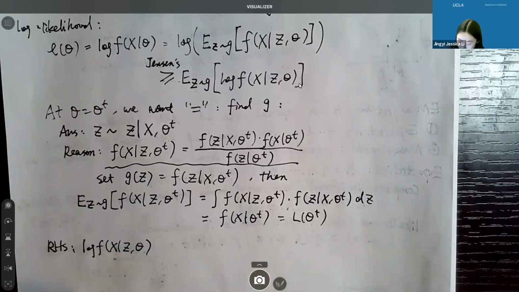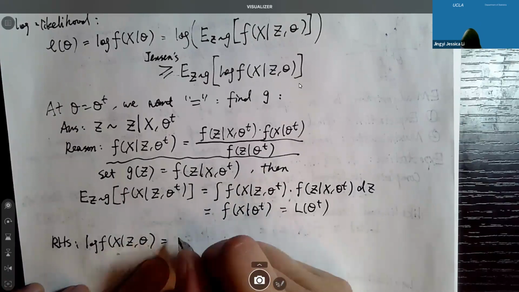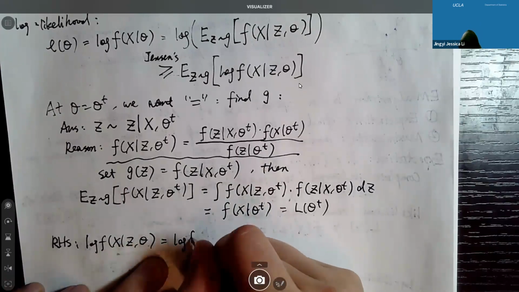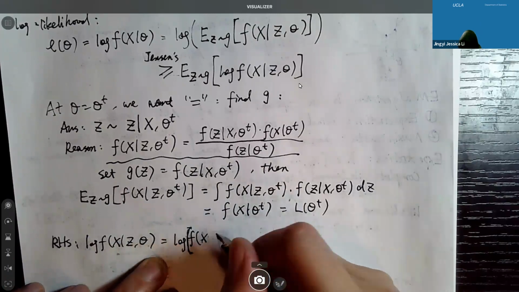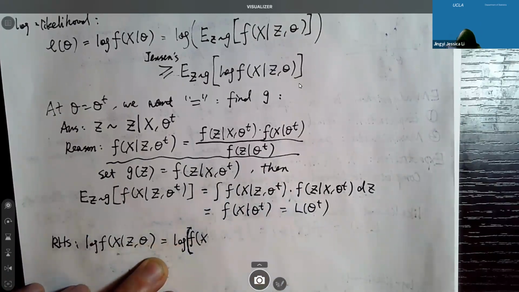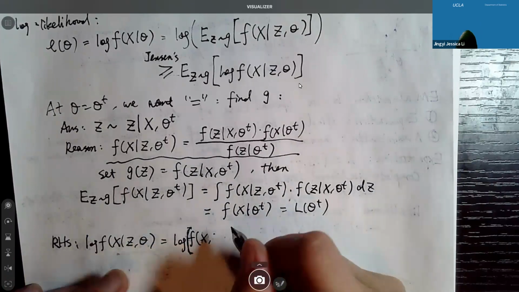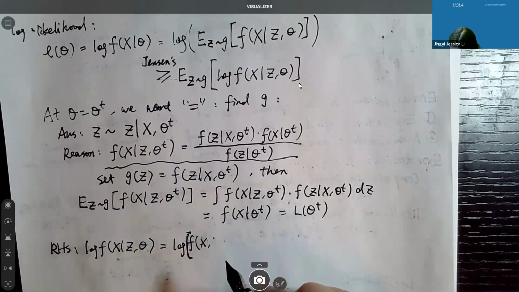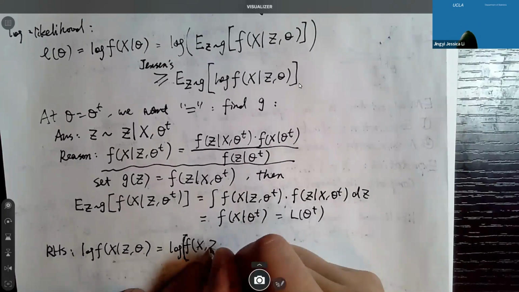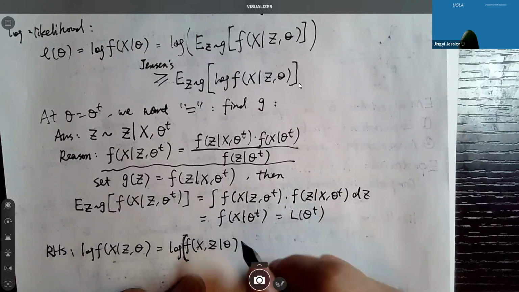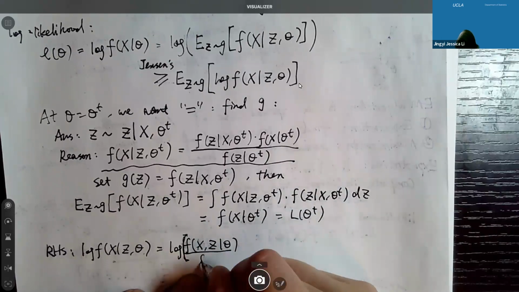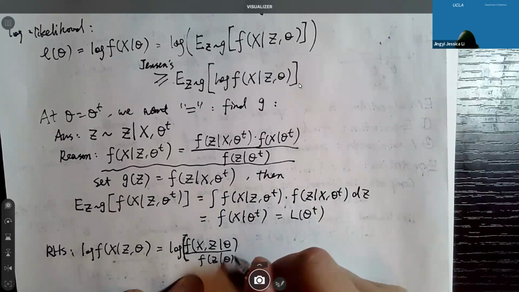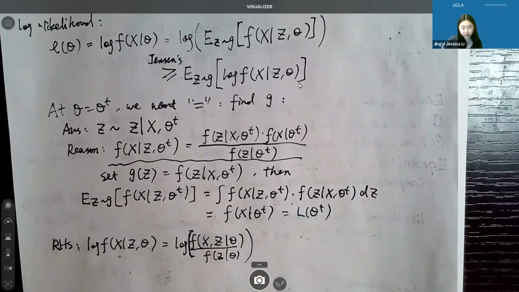On this side, it can be written as log of f(x | theta) divided by f(z | theta).